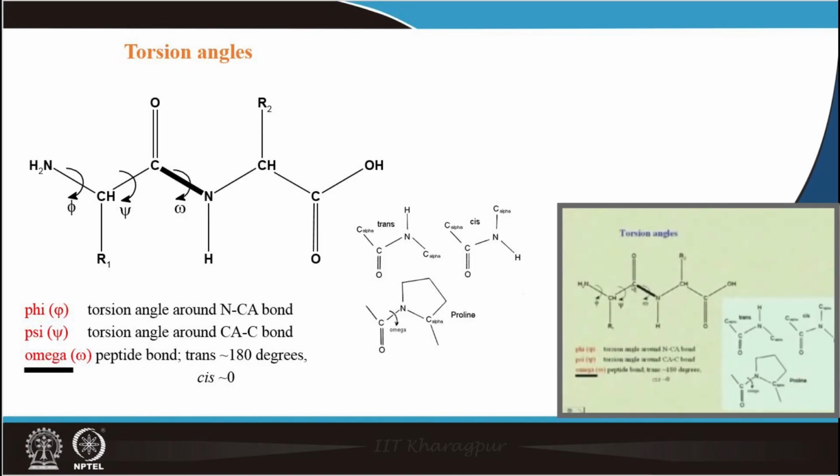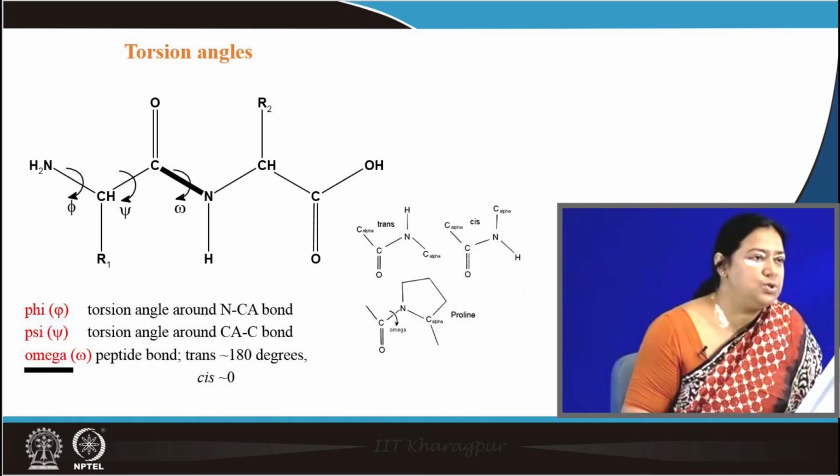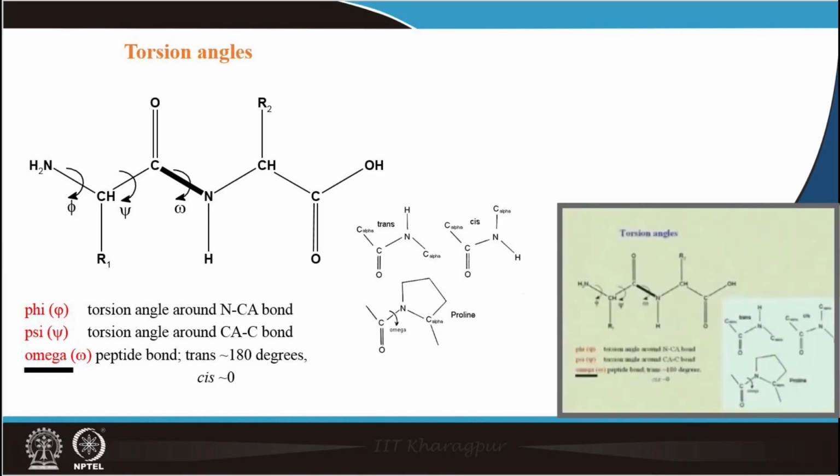I have to have two planes, a plane that contains atom numbers 1, 2, 3 and another plane that contains atom numbers 2, 3, 4. So here I have my C, N, C alpha, C. That's how you define a phi angle. What does that mean? C, N, C alpha, C means I have two planes, C, N, C alpha in one plane, N, C alpha, C in the next plane. The angle between these two planes is the phi angle.